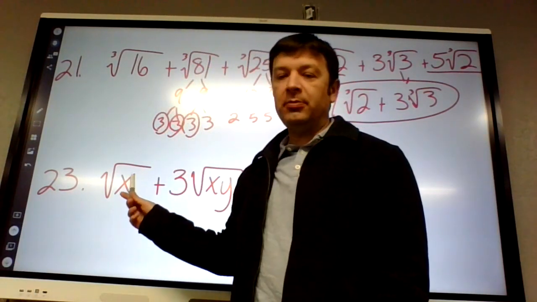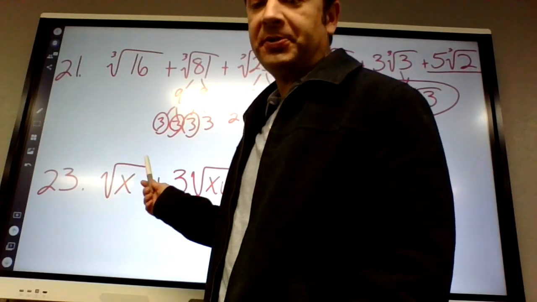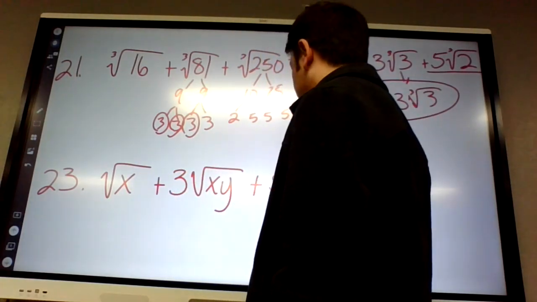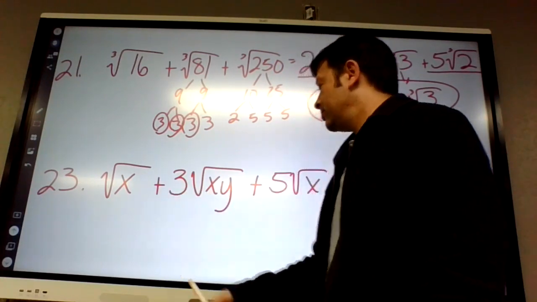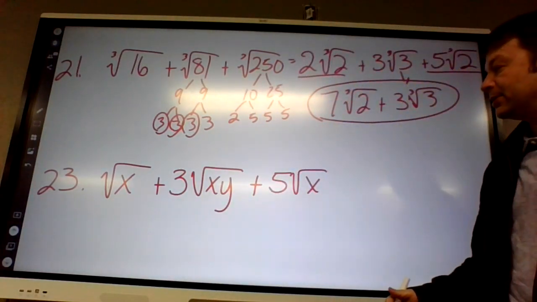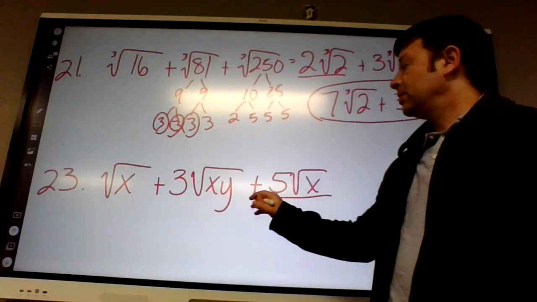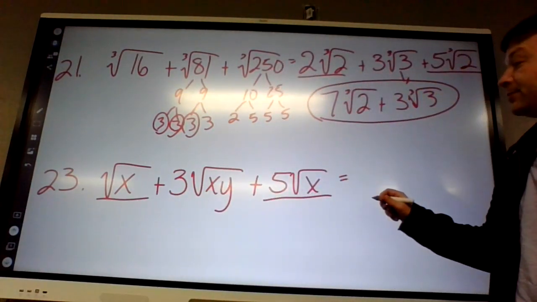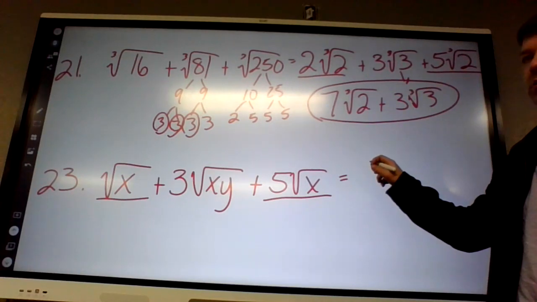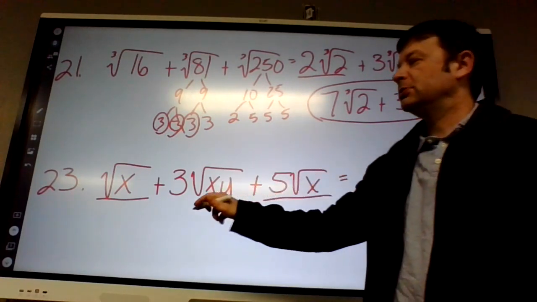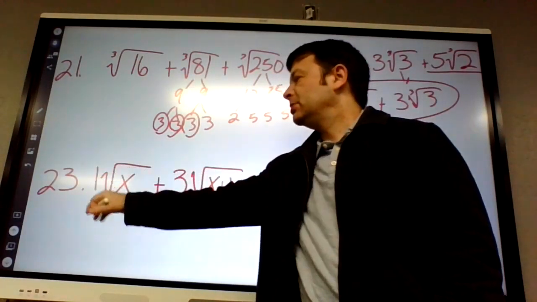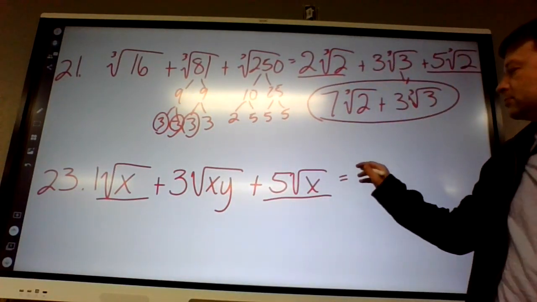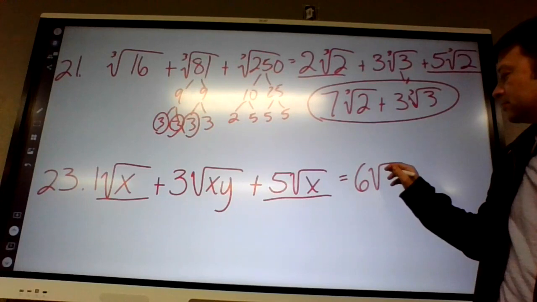I know. Roman, do you think these first two terms are going to add together? No, because they're not like terms, right? Which ones are going to add together? 5 and the first one. Yeah. What's square root of x plus 5 square root of x? 6 square root of x squared.